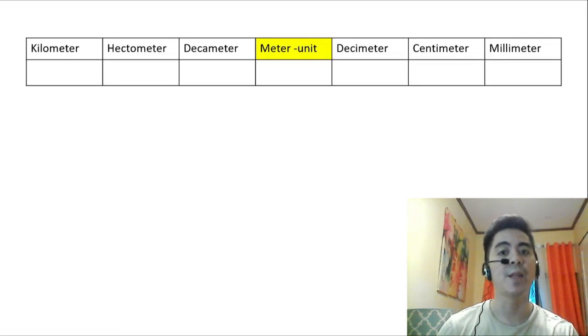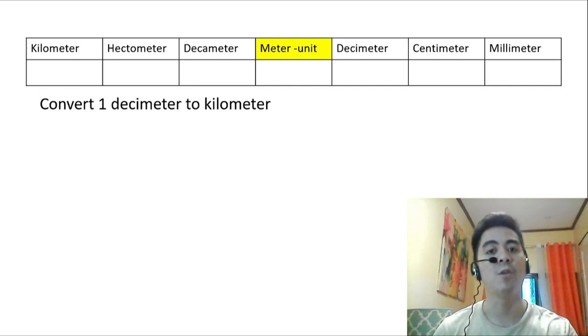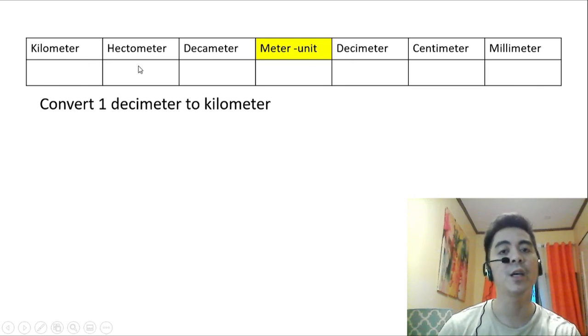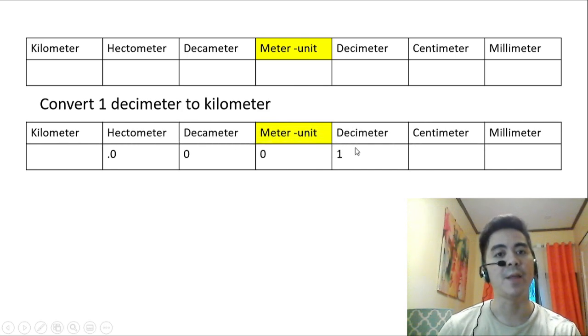Next, we have another example. Convert 1 decimeter to kilometer. From decimeter going to kilometer, we go to the left, which is quite far, more than a meter. Add zeros going from decimeter to the kilometer.